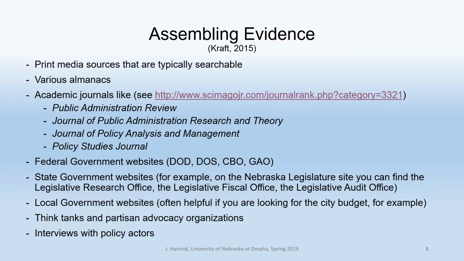The New York Times is actually a really good source that's available from the library, a searchable database of New York Times articles. Some not so much, unfortunately, like the Omaha World Herald or the Lincoln Journal Star. Sometimes there's a paywall associated with those. Various almanacs are pretty much all available online. And then there's, of course, academic journals.